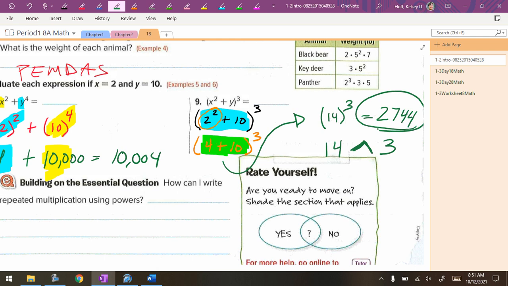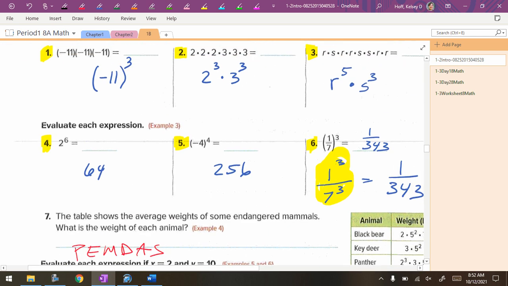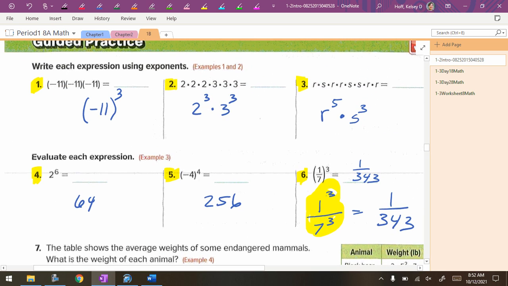Today's key is reading the directions. You cannot raise your hand and say, what am I supposed to do on these? Most likely your directions are going to be write each expression using exponents and evaluate each expression. You only use your calculator when it has the word evaluate.